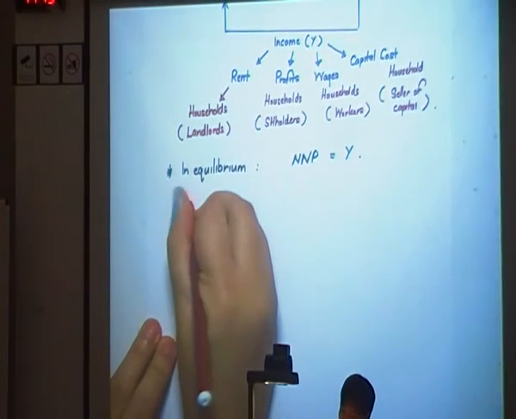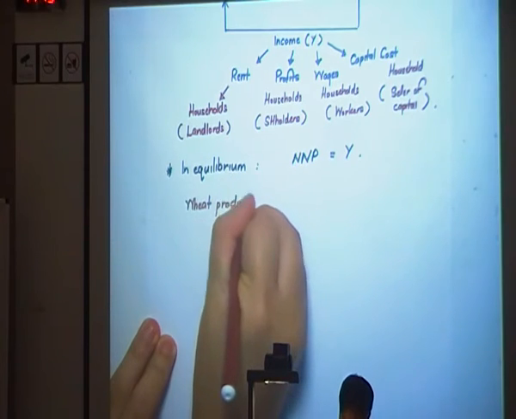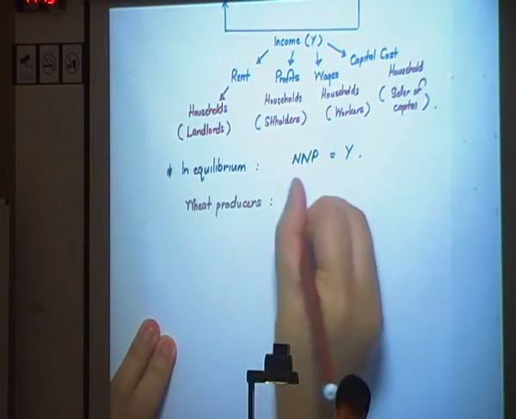Alright, so let's say this is the wheat produced.